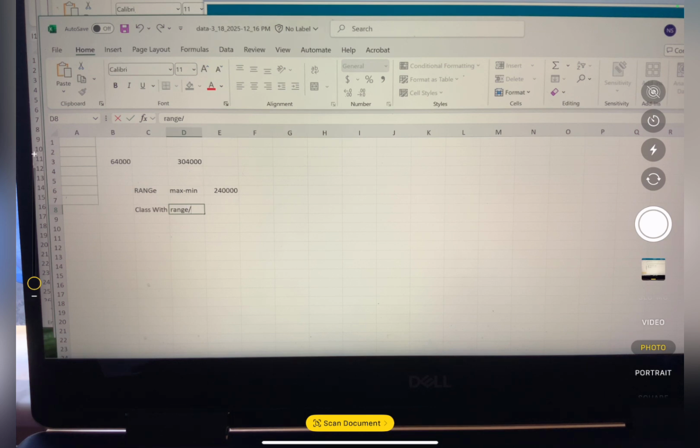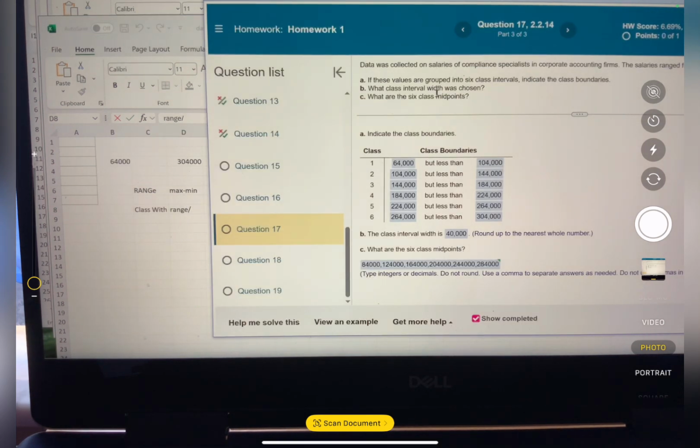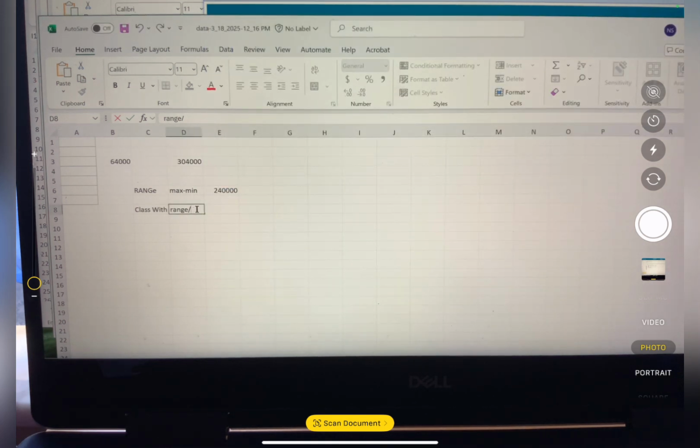Here it says 6 classes, right? So divided by the number of classes.